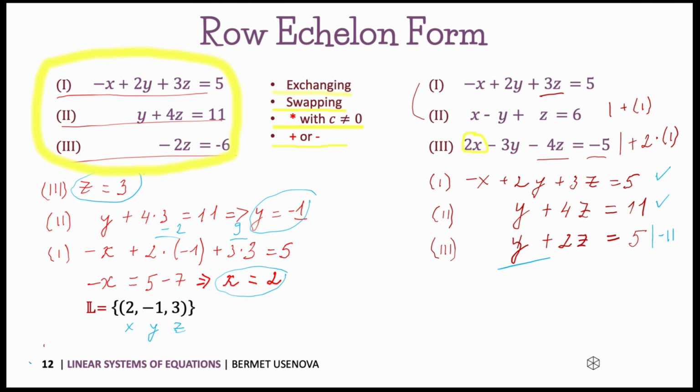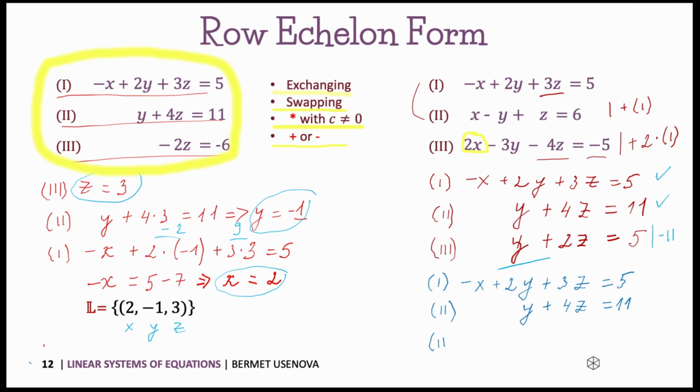So we can rewrite this in a new form. We can rewrite it as follows. We leave the first, so it will be minus x plus 2y plus 3z equals 5, and then y plus 4z equals 11.